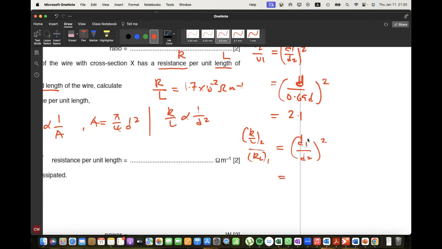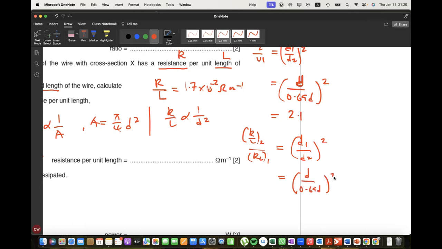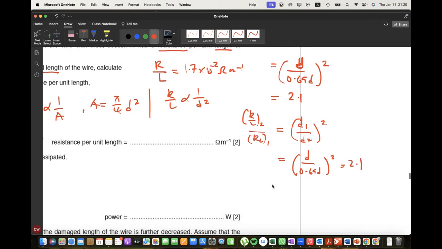So what is the ratio of diameter 1 to diameter 2? What is the diameter 1? This one. So it's the same ratio, right? It's also 0.690 over 2.1. So we are looking for the second one.